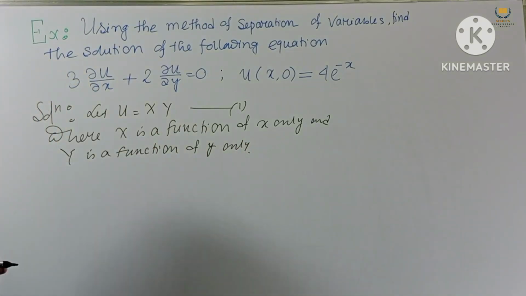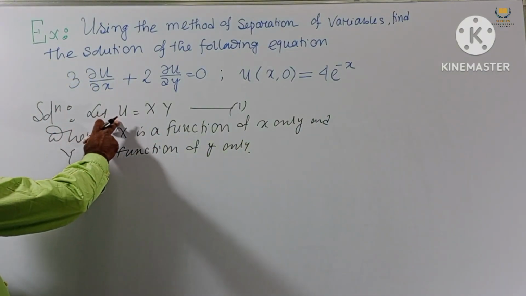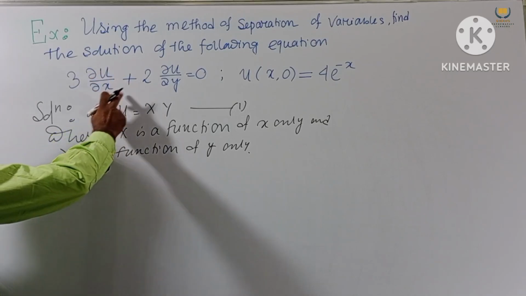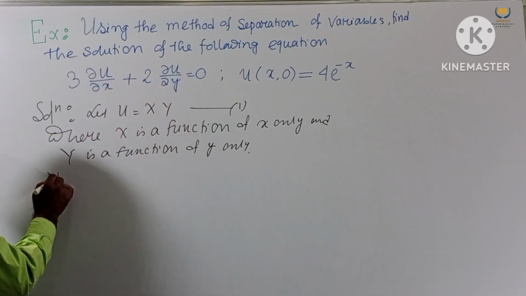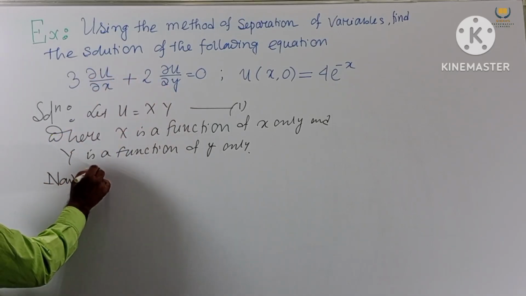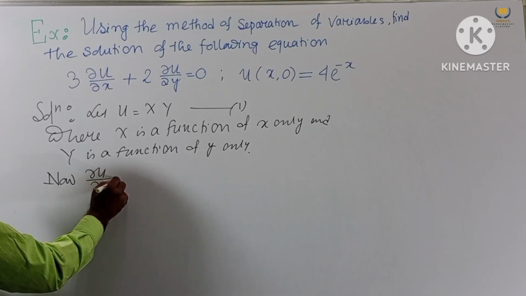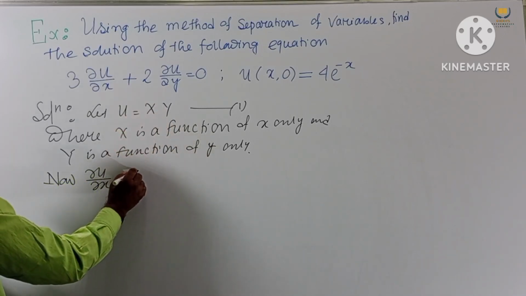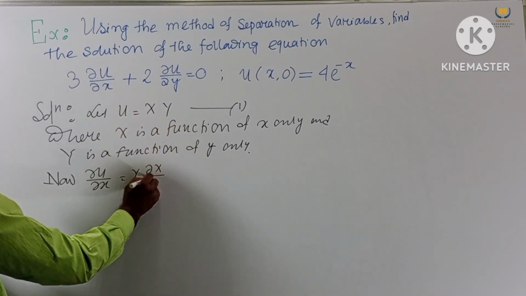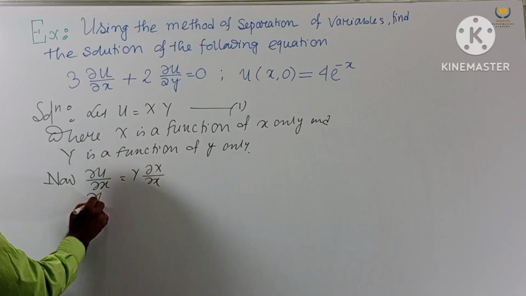Now we differentiate with respect to x and with respect to y, because here del u del x and del u del y are given. Del u del x, we get y constant, capital X prime.